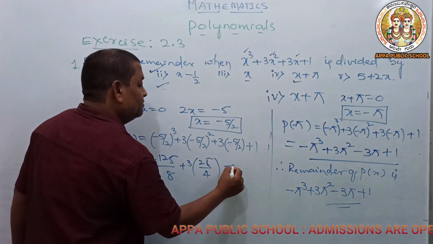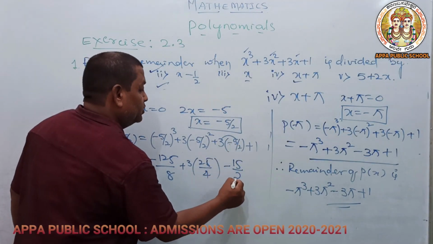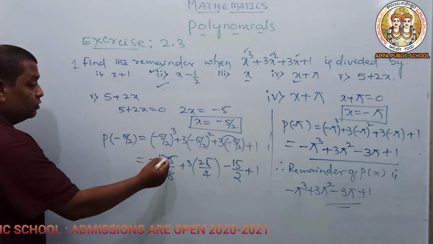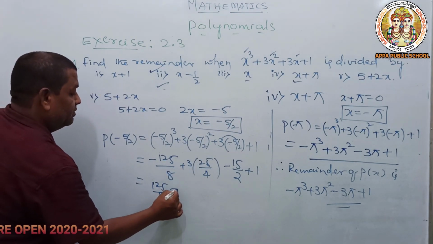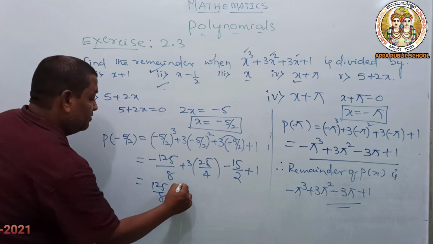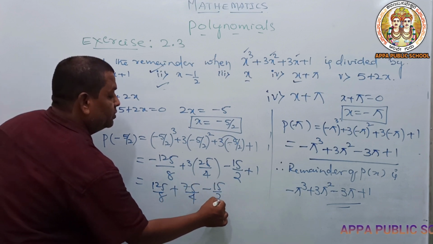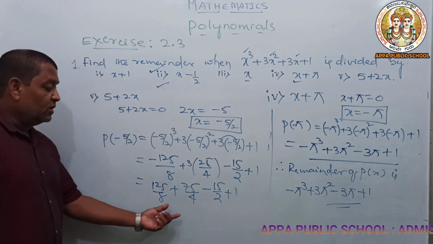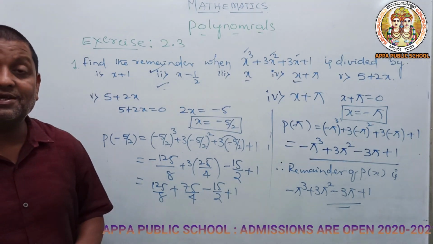Next, plus into minus, minus 3 fives are 15, divided by 2, plus 1. So once again remove this bracket: 125 by 8, 25 threes are 75 by 4, minus 15 by 2, plus 1. So once again we need to do a fraction operation.